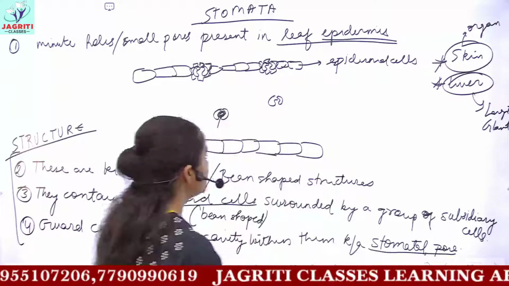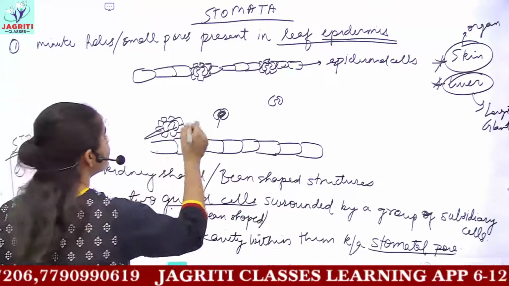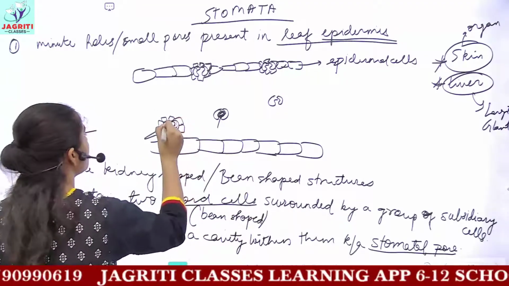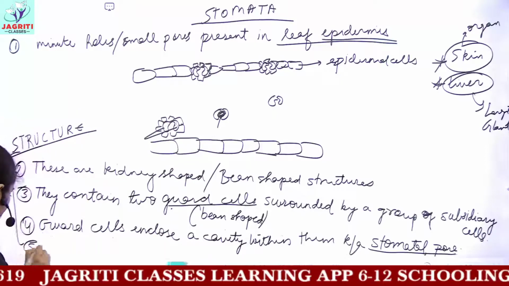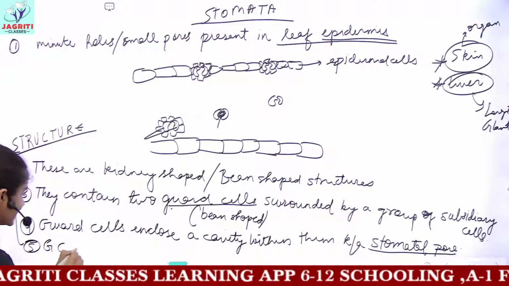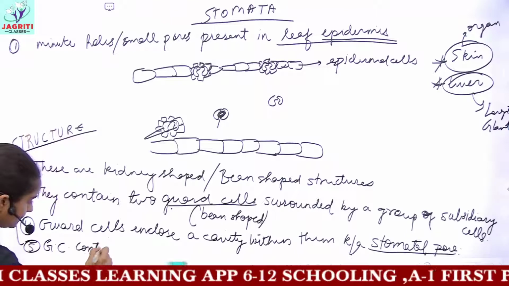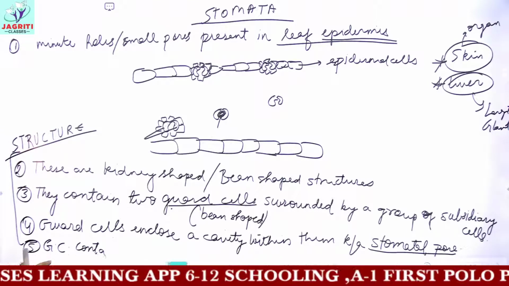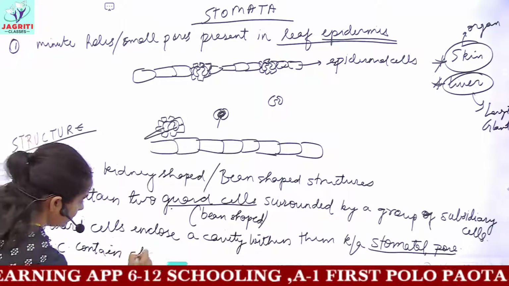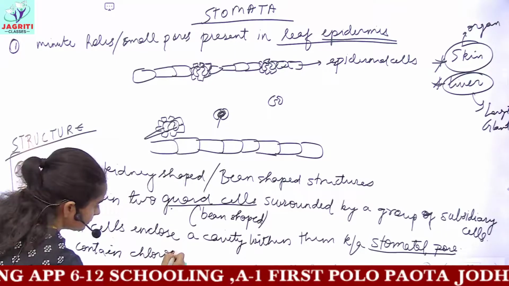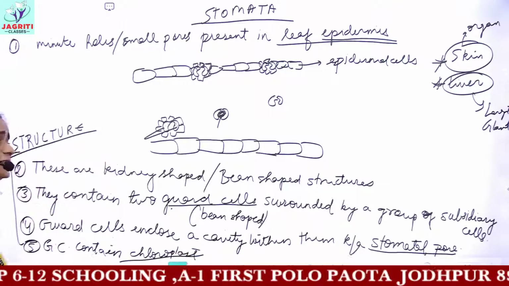And one more thing you can write, that in these guard cells you have the presence of chloroplast. The next point would be guard cells (GC stands for guard cells) contain chloroplast in them. And chloroplast I have already discussed.